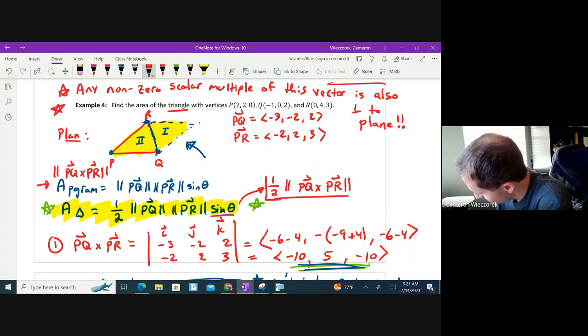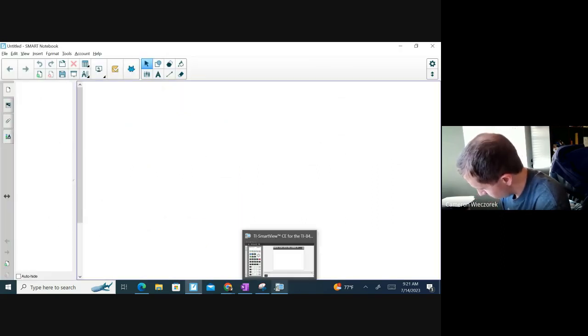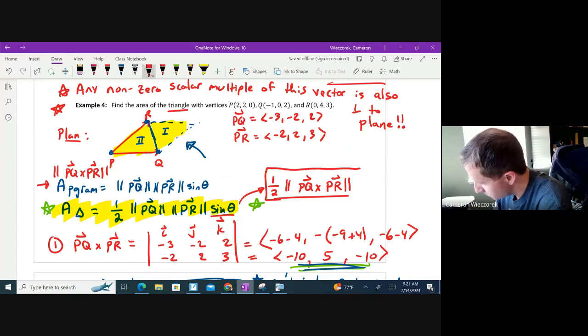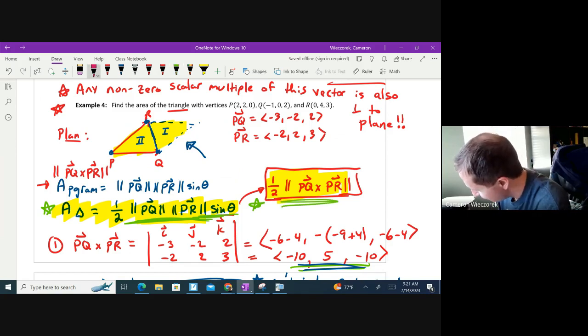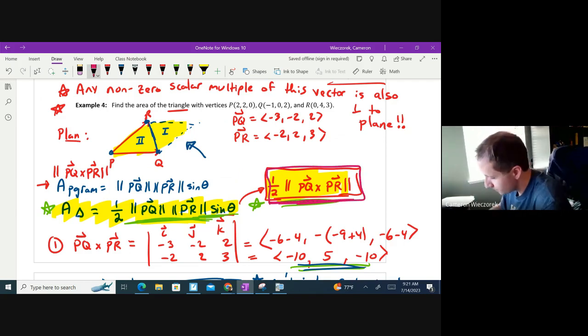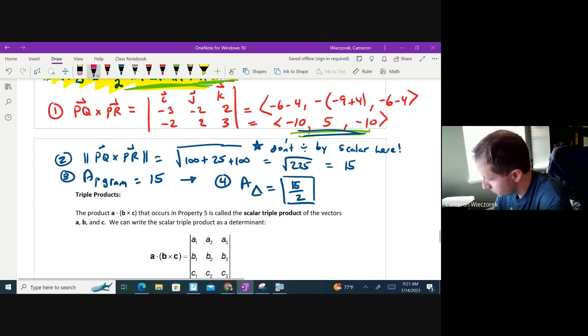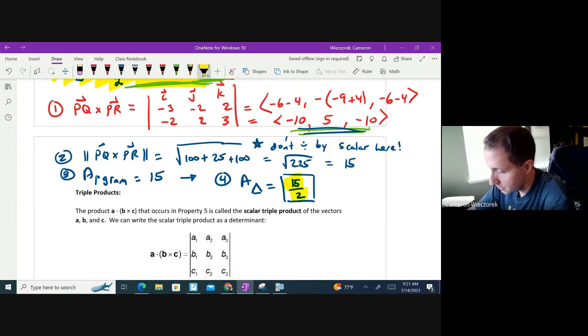But in this problem, we don't have access to the angle, so this is a better strategy to go for. Depends on the problem. Sometimes you might have the angle, you might go for this approach here in green. Sometimes you might not have access to the angle, then go for this strategy that I'm boxing in maroon. So 15 halves.